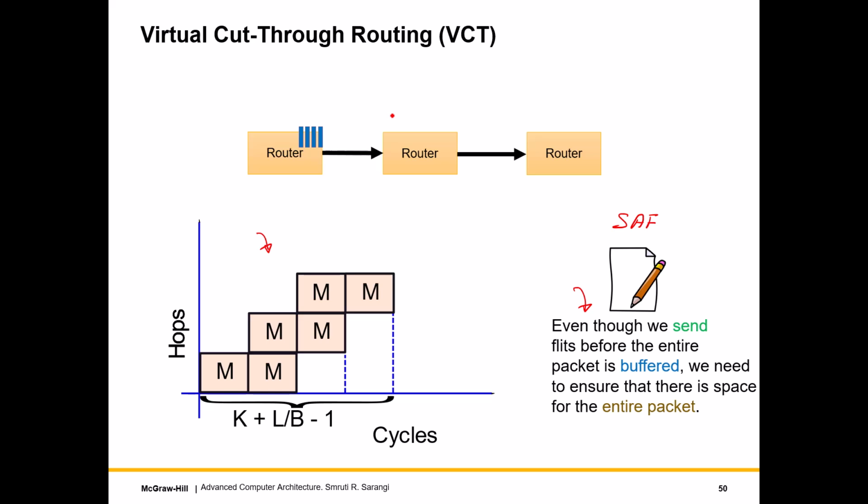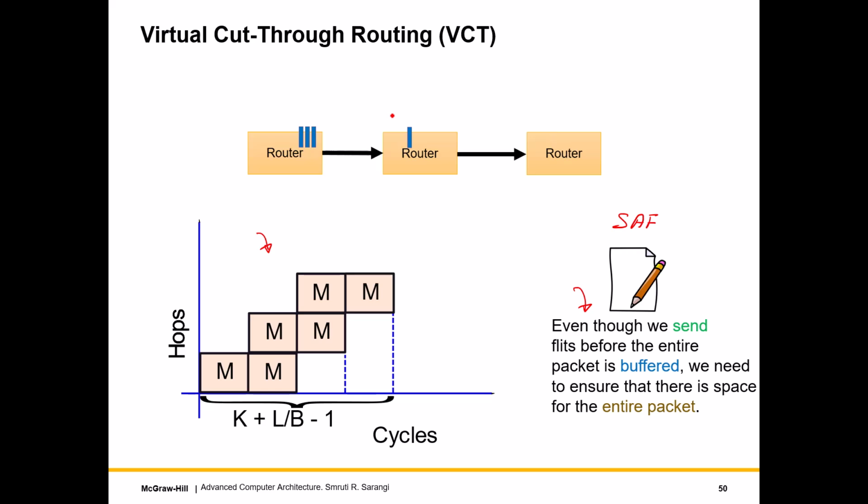But the advantage is that we can do pipelining of sorts, in the sense that we don't have to store the entire packet before forwarding a flit. So what we do is that we can basically keep forwarding the flits even though all the flits of the same packet have not arrived at the router. As you can see over here, this is the animation.